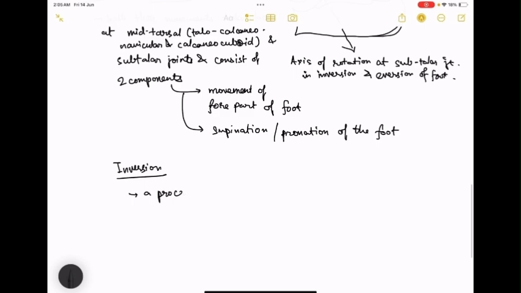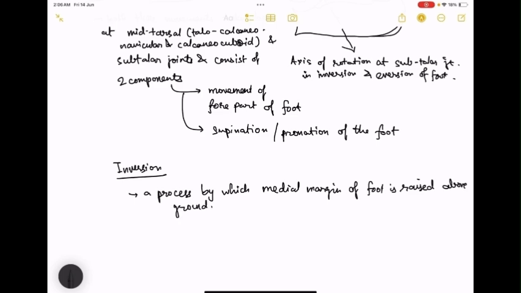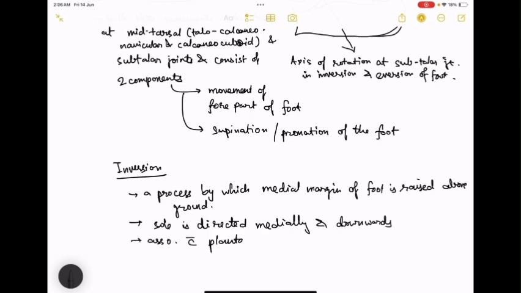Process by which medial margin of foot is raised above ground. Sole is directed medially and downwards, associated with plantar flexion.